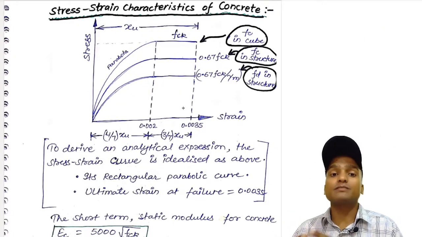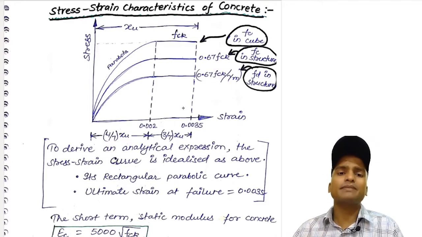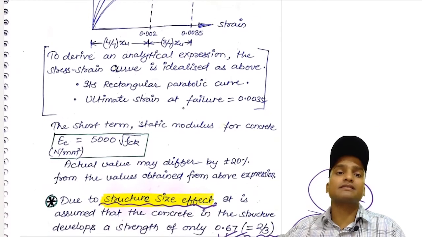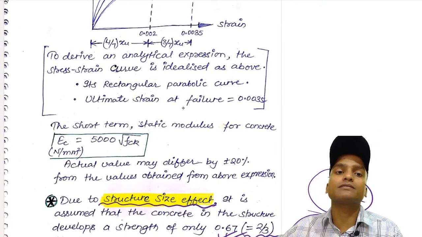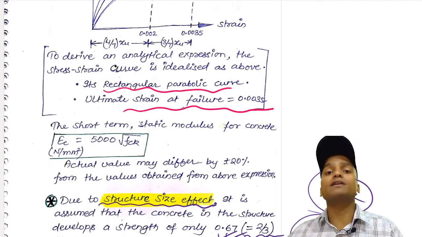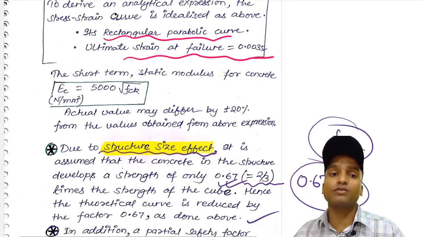Okay. So this was the idealized stress strain diagram of concrete, and we idealized it so that we can derive an analytical expression very easily. Just like we have seen, it's a rectangular parabolic curve. Okay, and the ultimate strain of concrete at failure is 0.0035.